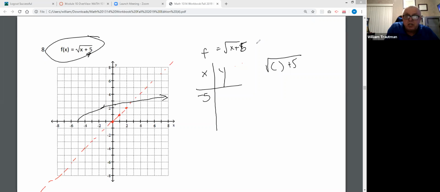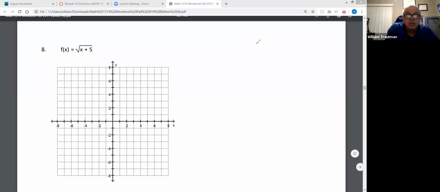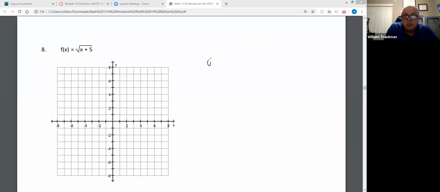If I put negative, I did it again. I keep on pushing the wrong button. This is my function graph.